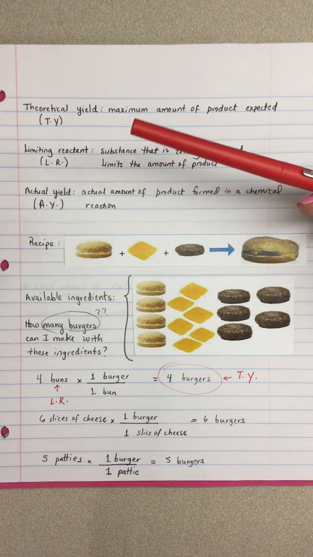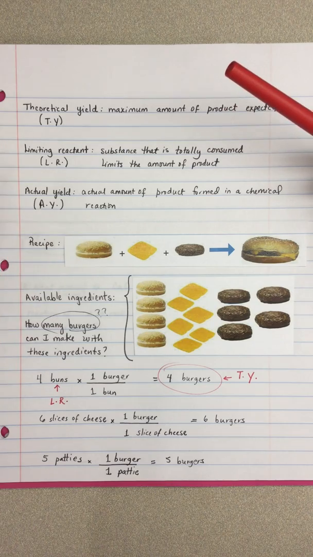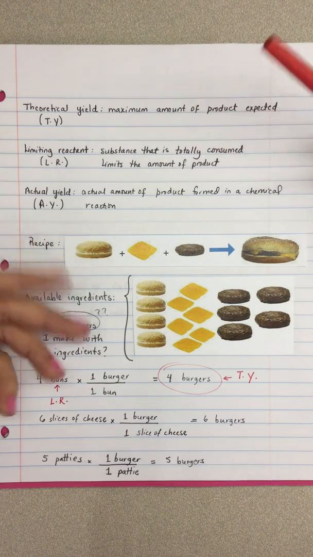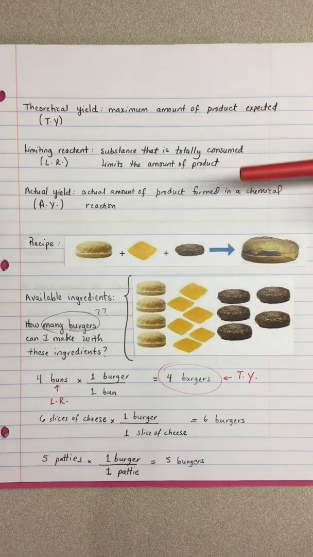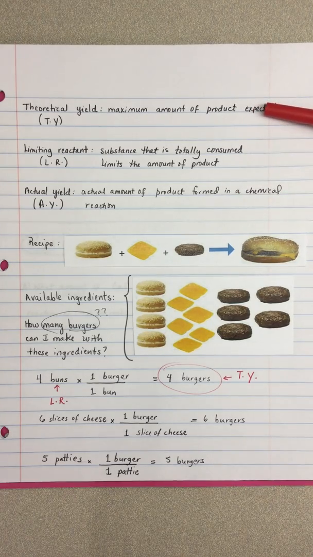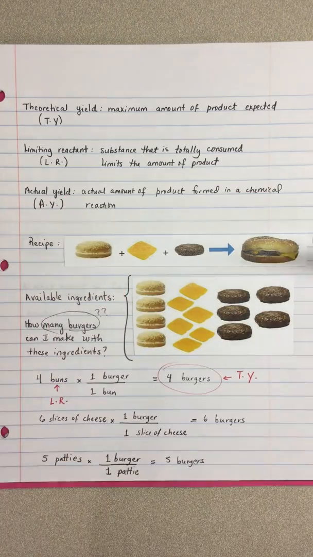If it's a solid, you weigh that one, and when you're transferring, some of the solid stays in the original container, so you're not transferring the whole amount. So things happen, and what you get from an actual experiment sometimes is not what you're expecting. So what you actually get is the actual yield. Okay, so the actual yield is the amount of product that you're getting from a chemical reaction.